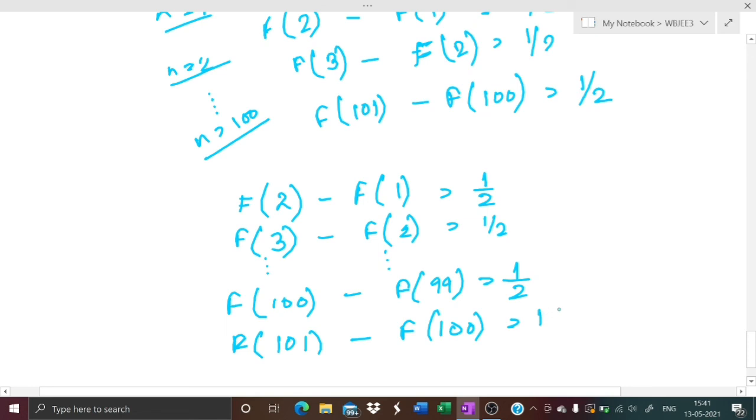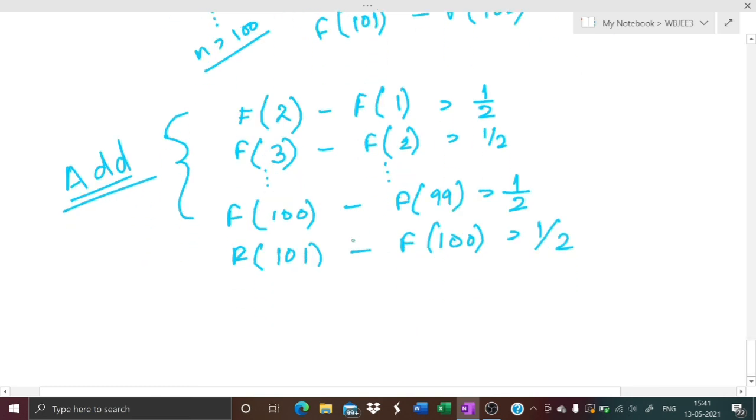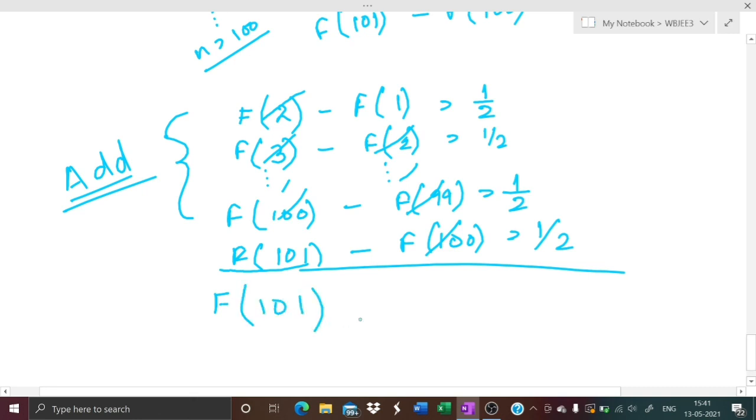If I add all the equations, you can see that all these terms will get cancelled, left and right. So 99 will also get cancelled by the previous term, 100 will get cancelled. Only the remaining terms would be f of 101 and f of 1.